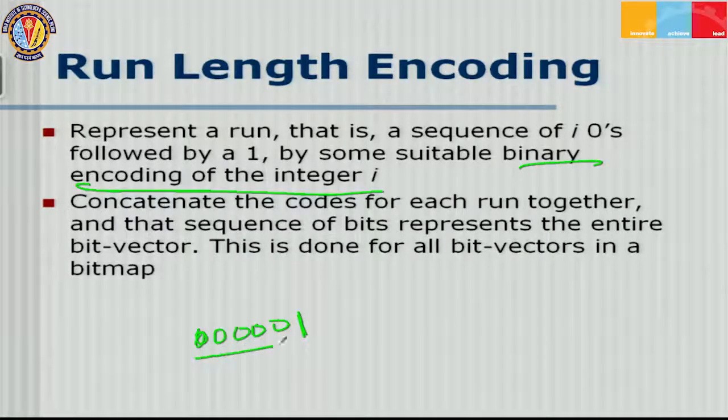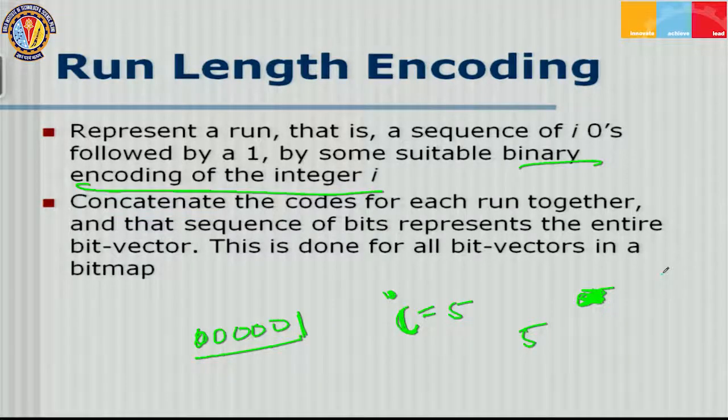The run is of length 5, so i is 5. In run length encoding, I don't simply write 0 5, or the length directly. What we do is represent this 5 by a suitable binary representation.